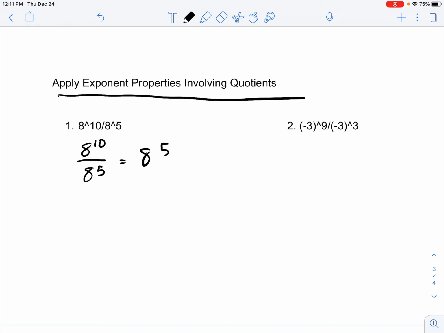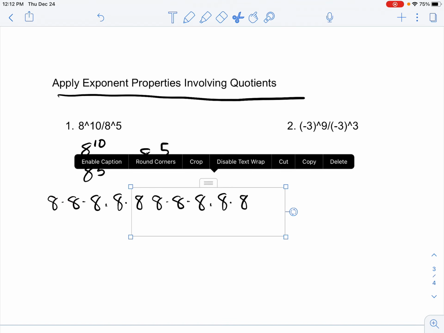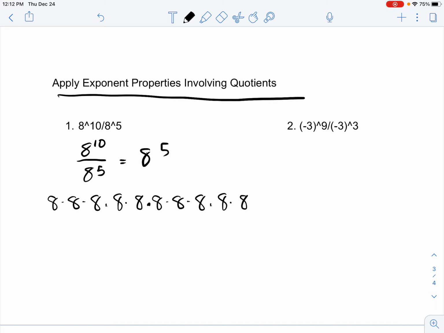And the reason for this is if you actually wrote out all the 8s, that gave you 10, right? 1, 2, 3, 4, 5, 6, 7, 8, 9, 10, divided by 5 eighths, 8 times 8 times 8 times 8 times 8.